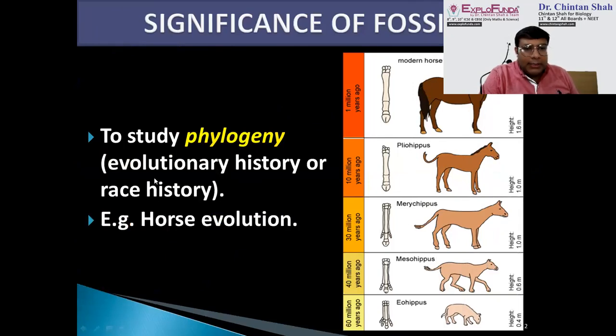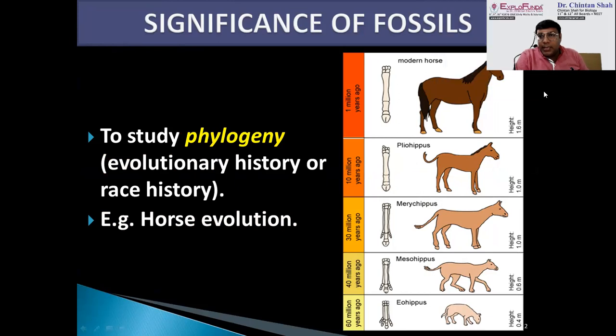Now, to study phylogeny, evolutionary history, or race history, like horse evolution, you can see that the earlier horse was just like a dog. Yeah, it's very, very small. Then its bone had, sorry, 60 million years ago.